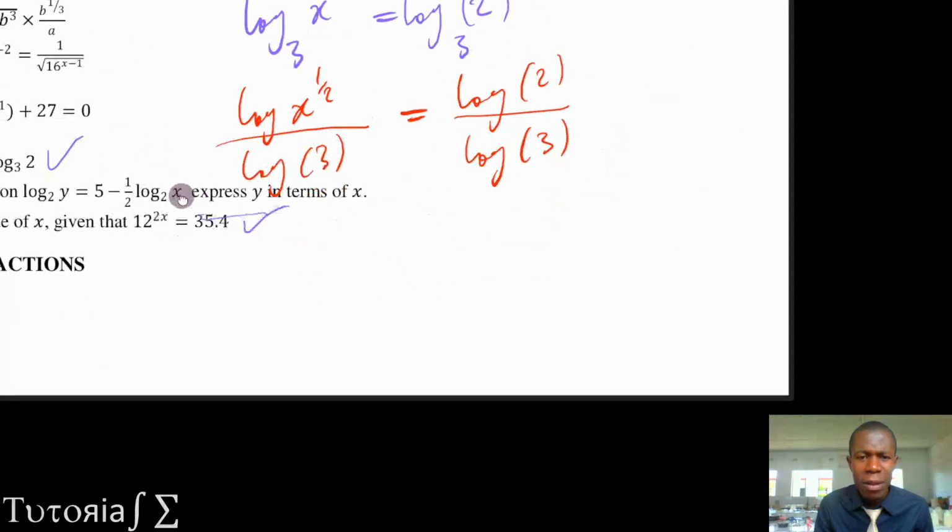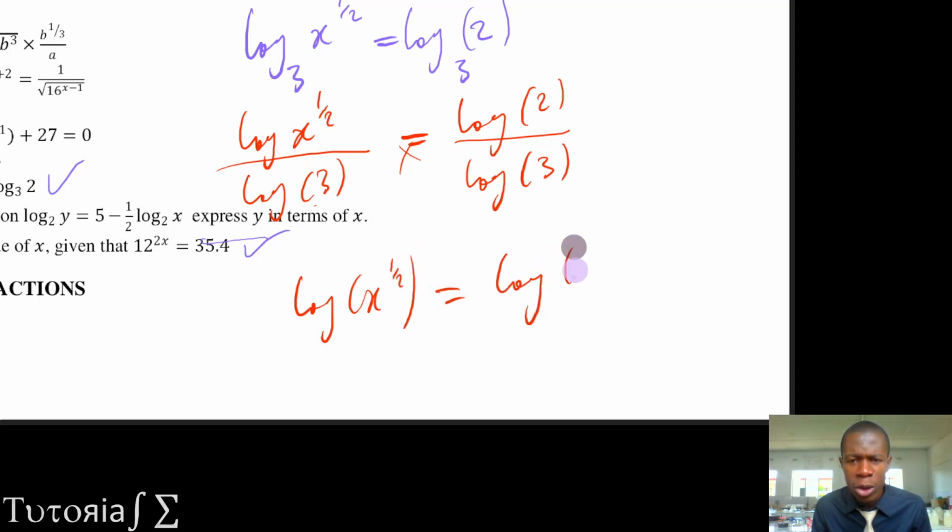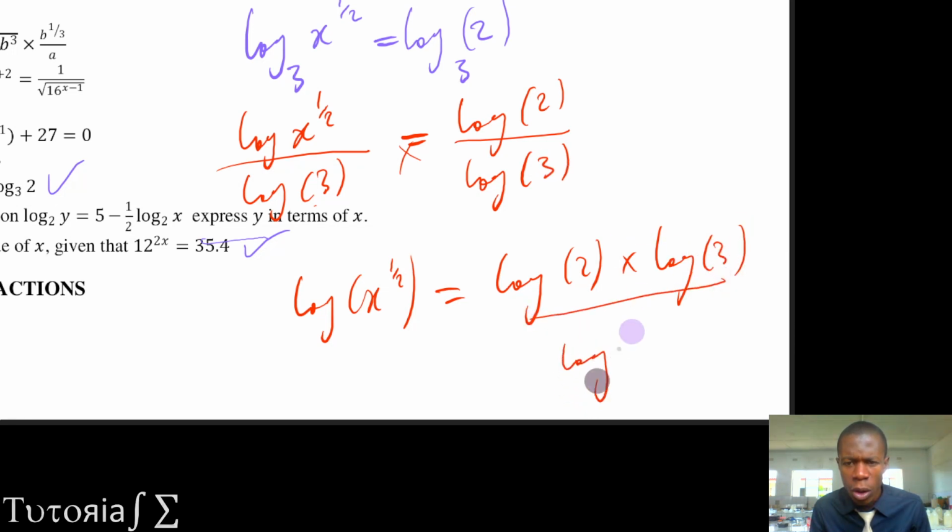So now from here, we can cross multiply and divide. So this will multiply with that, and basically we're going to have log of x to the power half equal to log of 2 times, so this will multiply with that, which is times log of 3, then divide by log of 3.